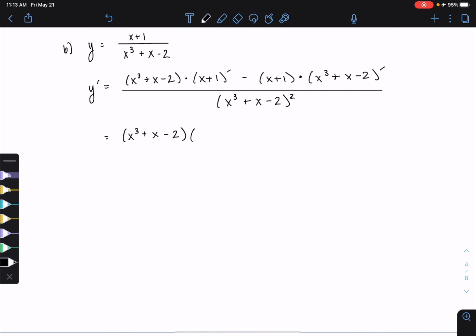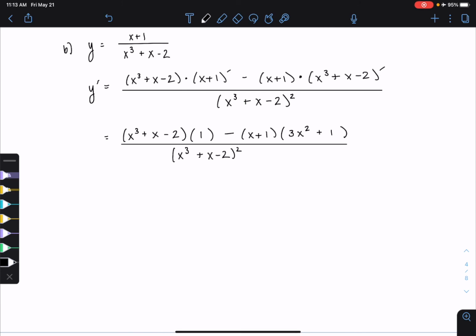Derivative of x plus 1 is 1 plus 0, so really just 1. Derivative of x cubed is 3x squared. Derivative of x is 1. Derivative of 2 is 0. Okay.